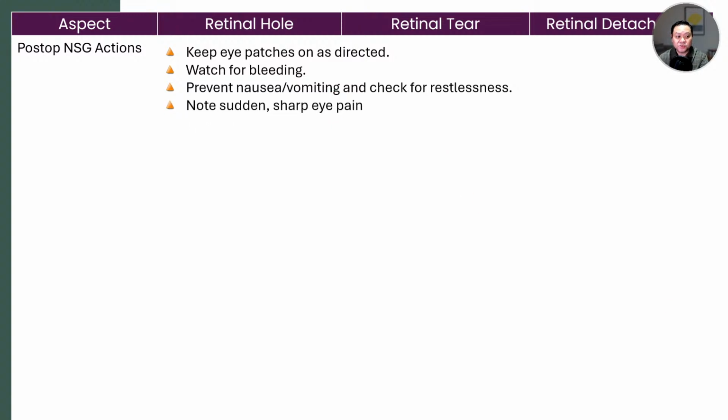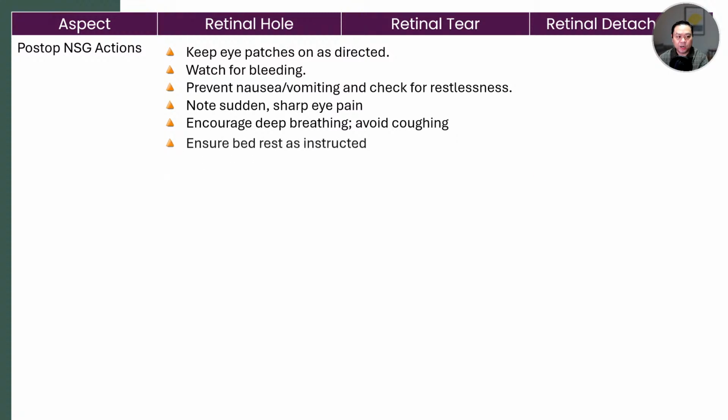We also need to check for any sudden sharp pain in the eye. This is signaling that there is increasing IOP. We need to encourage deep breathing, but avoid coughing. This is something that you should take note of: no coughing, as this can lead to increasing IOP.